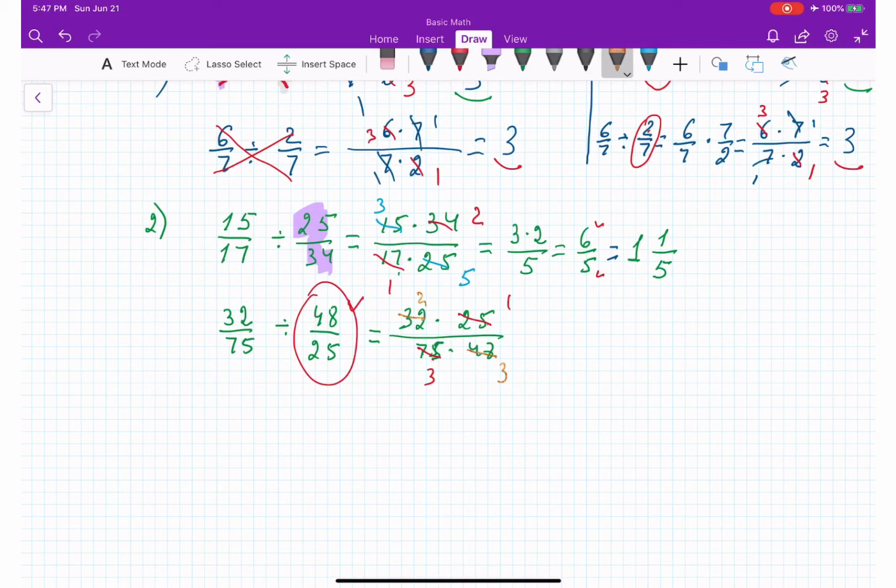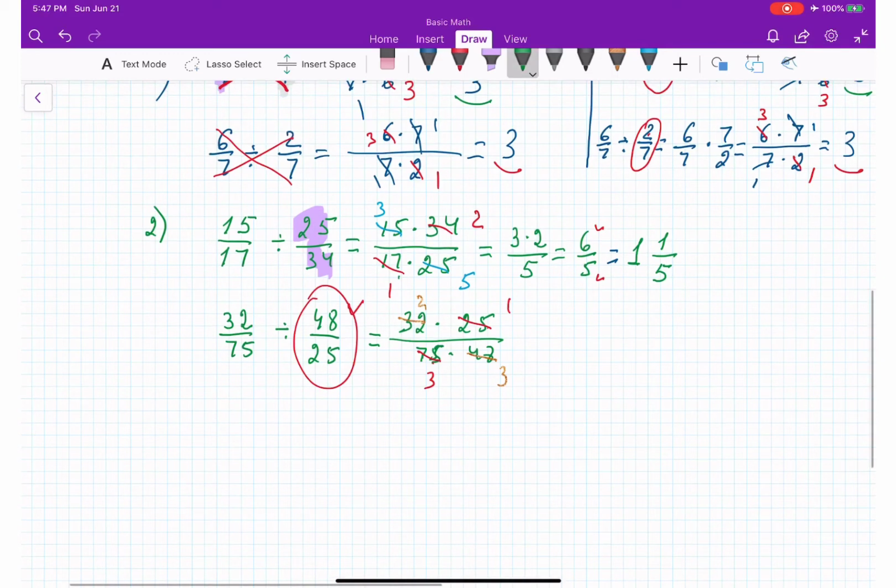Let me go over this 32 over 48 one more time. Explain step by step. You saw I divided both of them by 16, but let's assume you didn't notice 16, but you saw that you can divide by 2.